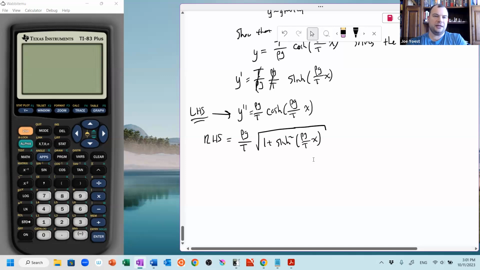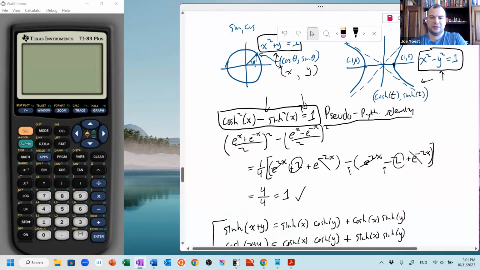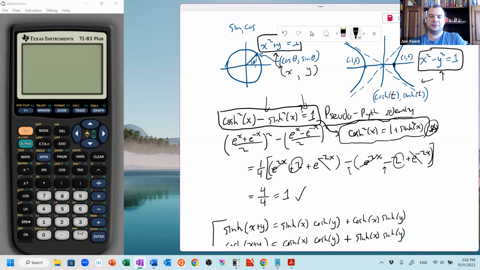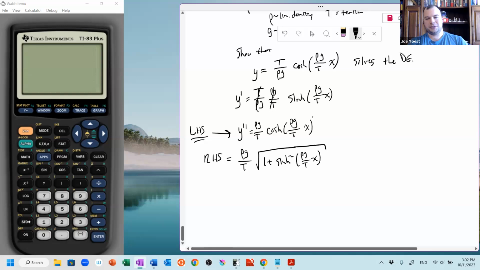So I know that kind of an idea works with regular trig functions. Will it work with this hyperbolic trig function? So if I look at my pseudo-Pythagorean identity way up here, I see I have cosh squared minus sinh squared is 1, which means that cosh squared is 1 plus sinh squared. So I'm going to use that. So 1 plus sinh squared of stuff is cosh squared of stuff.